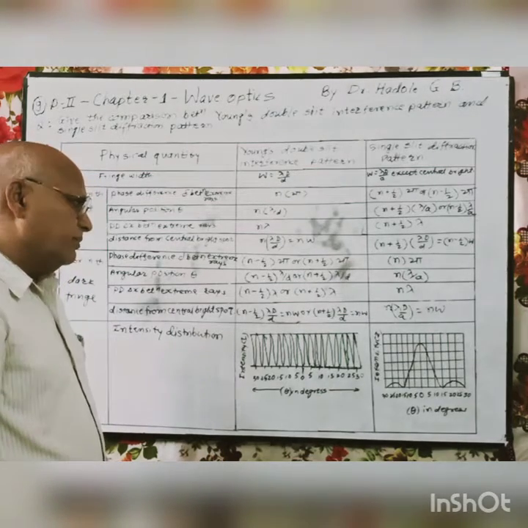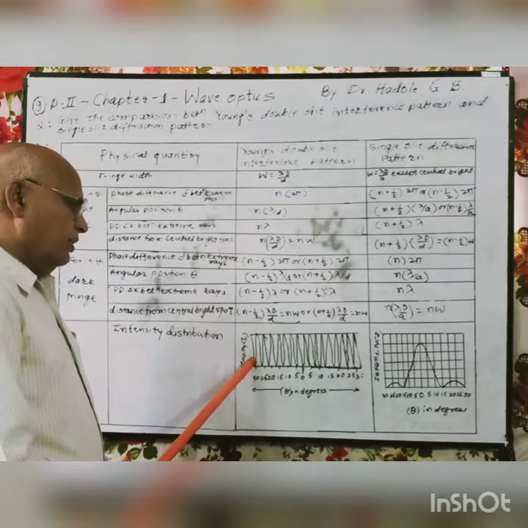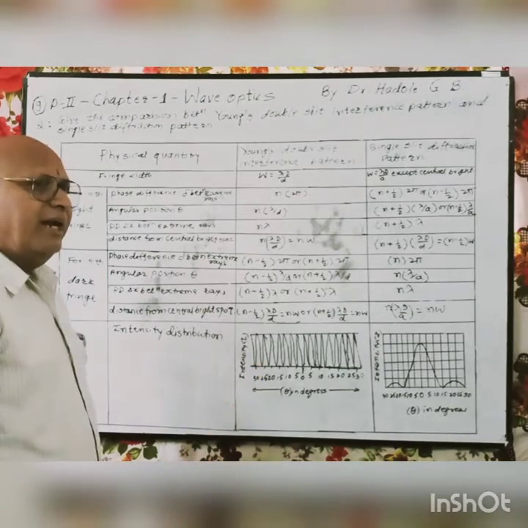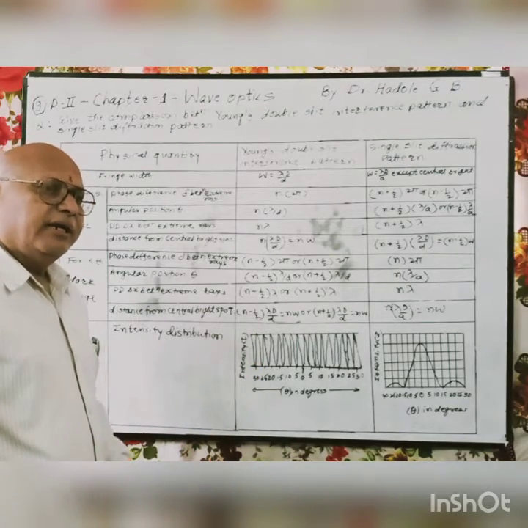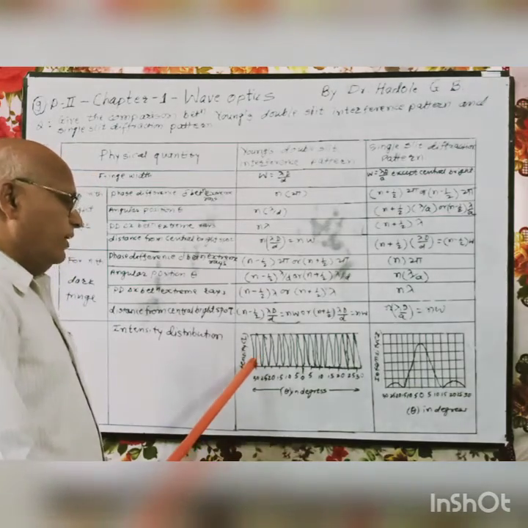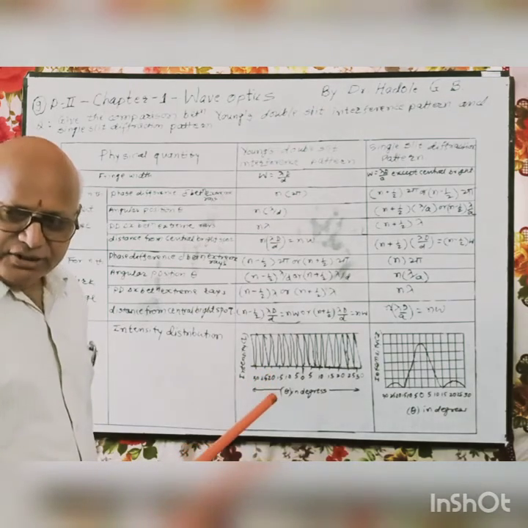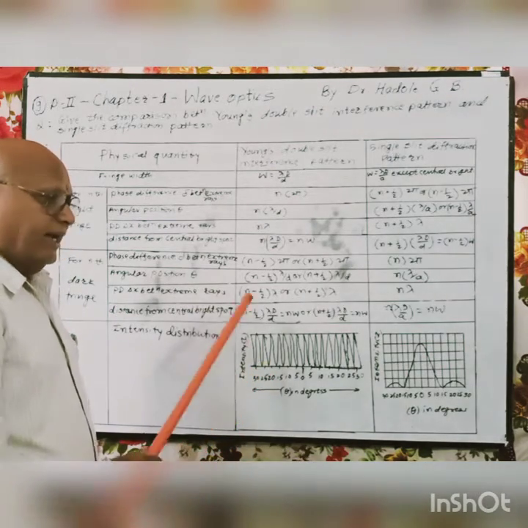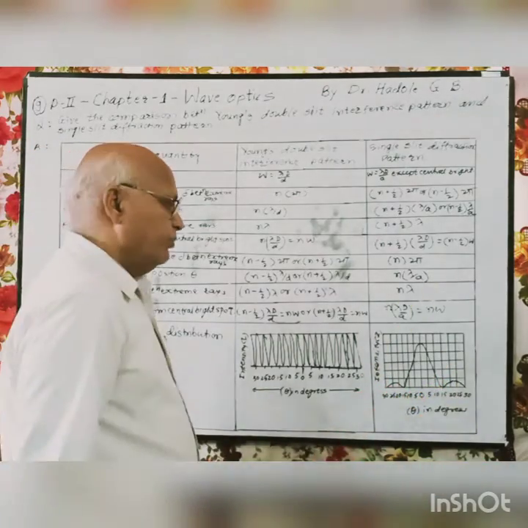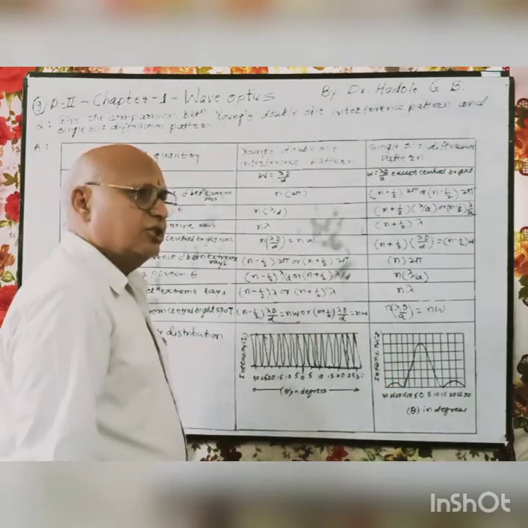One thing please be noted. Here the width of the bright band and dark band is the same, and that's why we have proved one derivation: the dark bands or bright bands are equispaced. But here the width goes on changing. Intensity goes on changing, and the width also goes on changing.